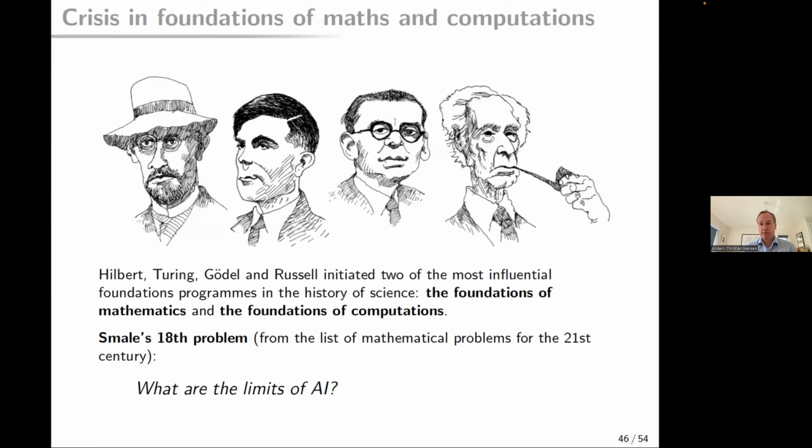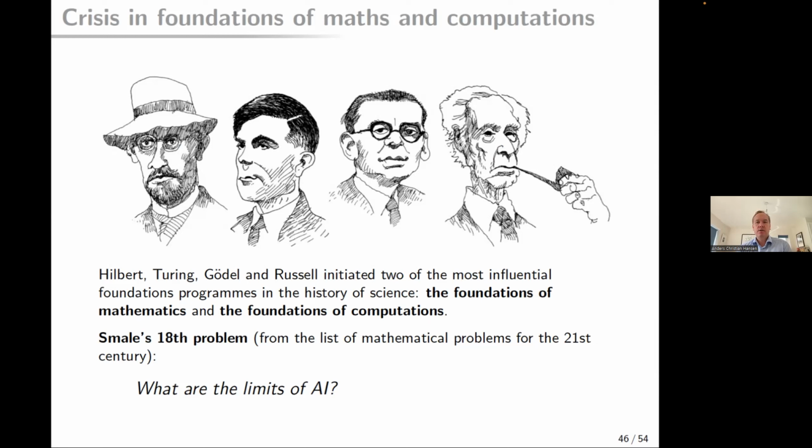And you had, of course, this led by David Hilbert, and then these other legendary researchers in the field, Turing, Gödel, and Russell, that participated in this program of getting the foundations and, very importantly, the limits of mathematics and computation. And as we all know, Turing and Gödel turned this field completely upside down. So we're in a very similar situation now with AI, for which the book of foundations and understanding of limits is still very, very thin.